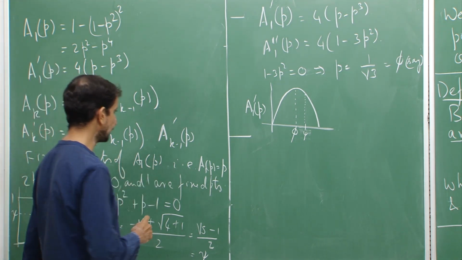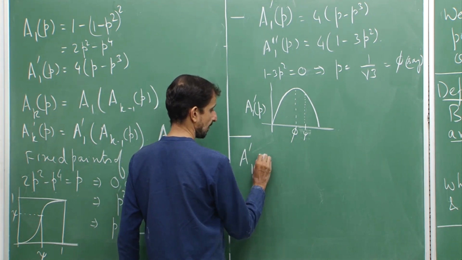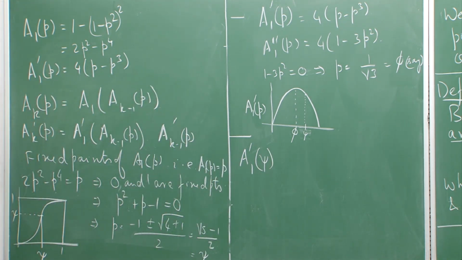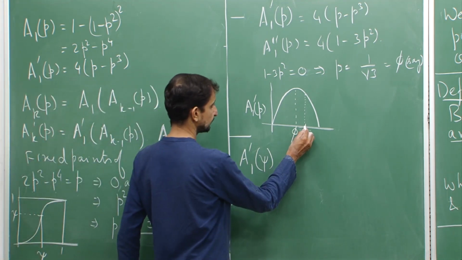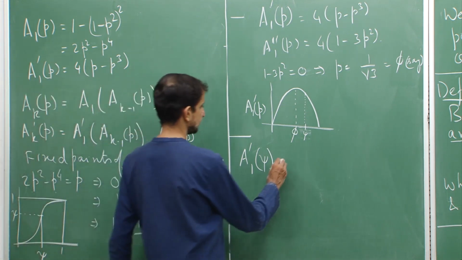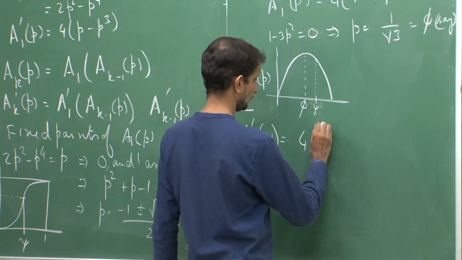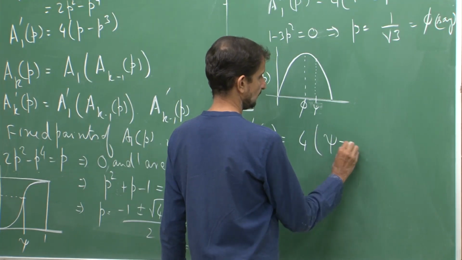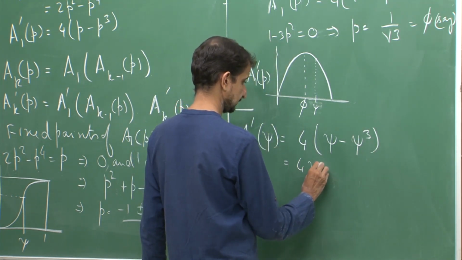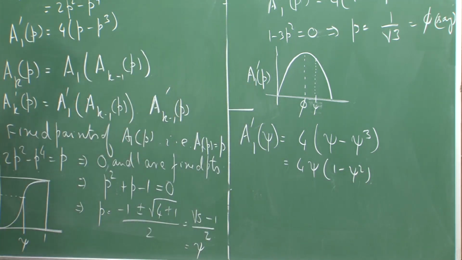Okay. So, one more property that I want to show is what happens to the derivative when the argument is psi. Okay. That is basically at this point what is the value that the function takes. Okay. So, let us substitute. So, we have 4 psi minus psi cube. So, that is 4 psi into 1 minus psi square, but what is 1 minus psi square?